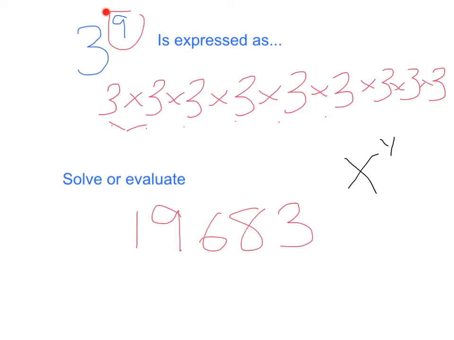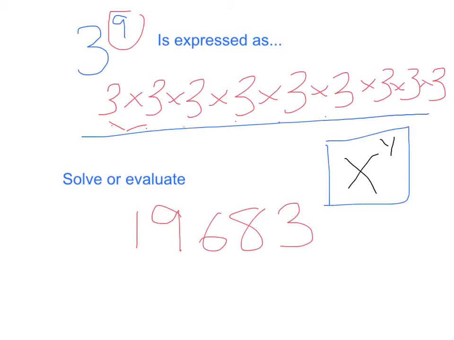So if you were going to put this into your calculator, you'd plug in the number 3 first, then you'd press this button on your calculator, and then you would push in the number 9 and it'd give you the same answer. And that's how you can check. So you can do a quick check. If you expressed it in this form and then actually calculated it, the way to check it would be to go ahead and try it on your calculator if you have a scientific calculator using that button.